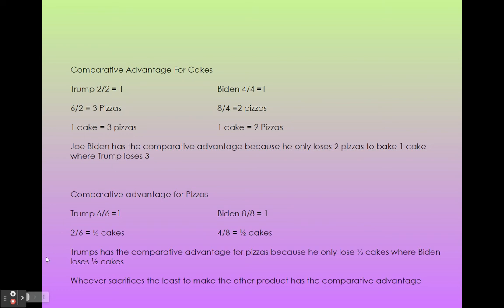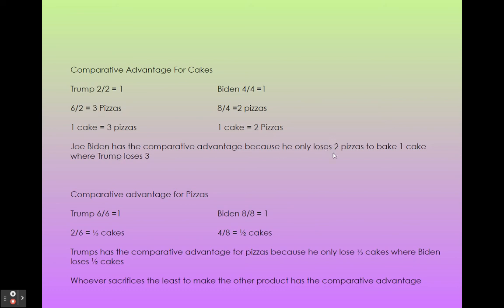So who is sacrificing more to make a cake? Trump has to sacrifice 3 pizzas, and Joe Biden has to sacrifice 2 pizzas. Who has the lowest opportunity cost? Who is sacrificing the least amount to make the cake? That would be Joe Biden.